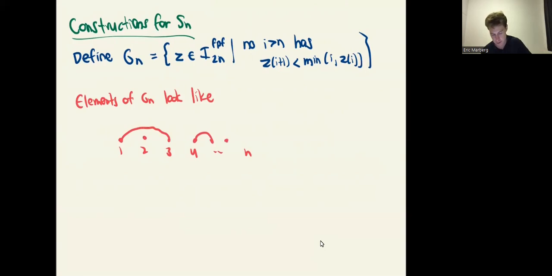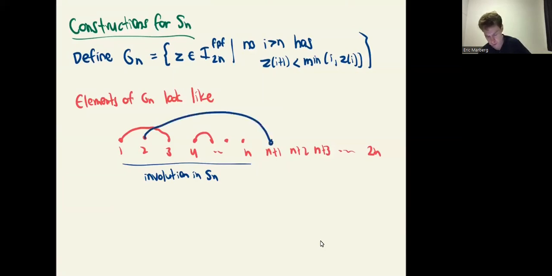Maybe you have some fixed points left over. And then you have n plus 1, n plus 2, n plus 3, up to 2n. So this part here is just like an involution in Sn, but then you attach these fixed points that are left over in order to the numbers that are left over above n, like this.